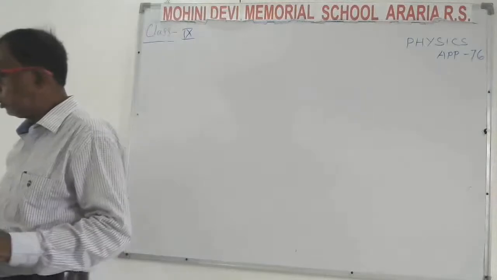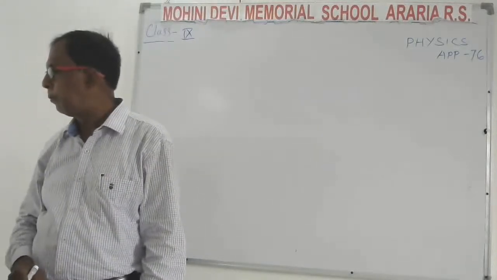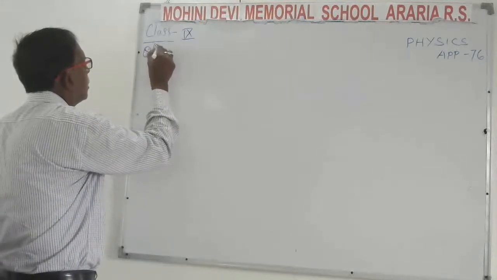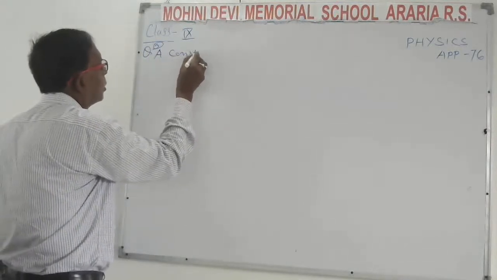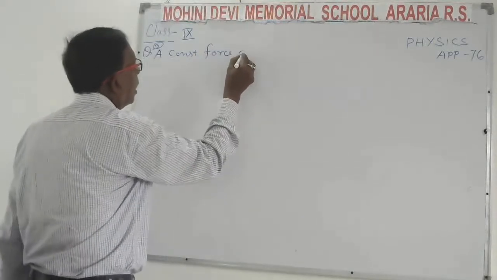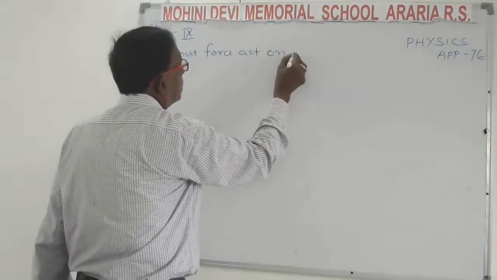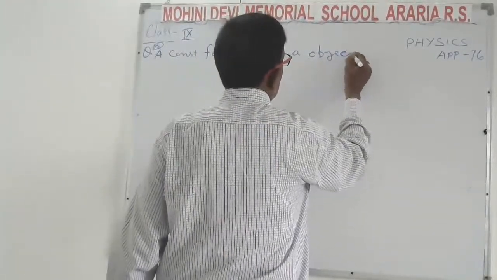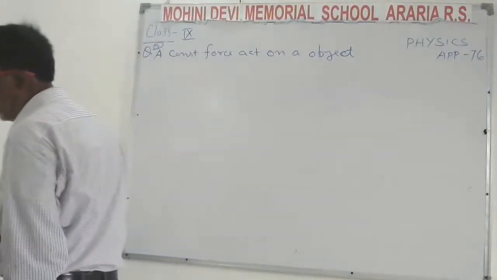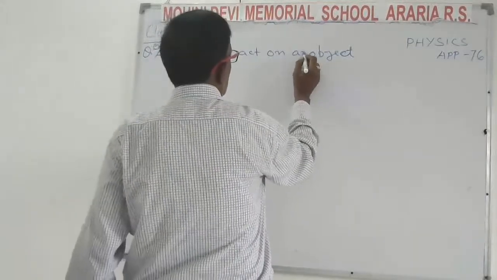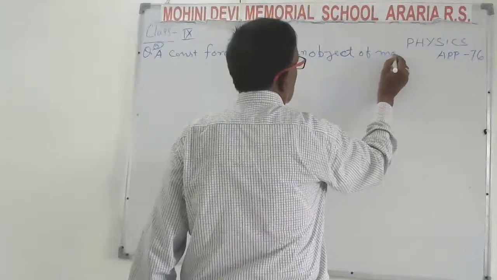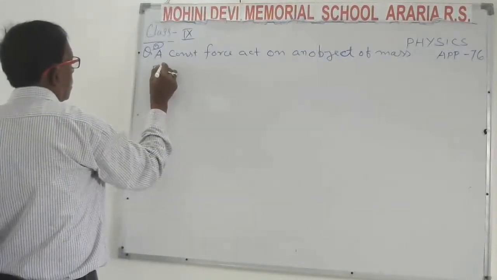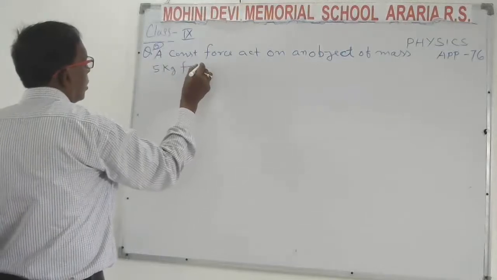The question is, question number 3: a constant force acts on an object of mass 5 kg for 2 seconds.